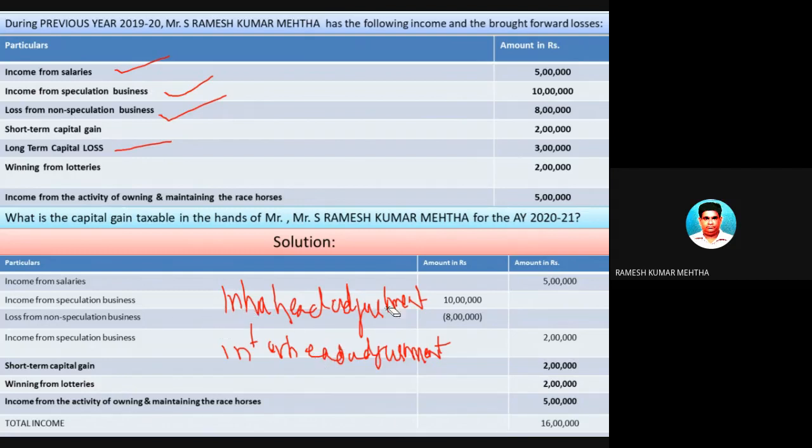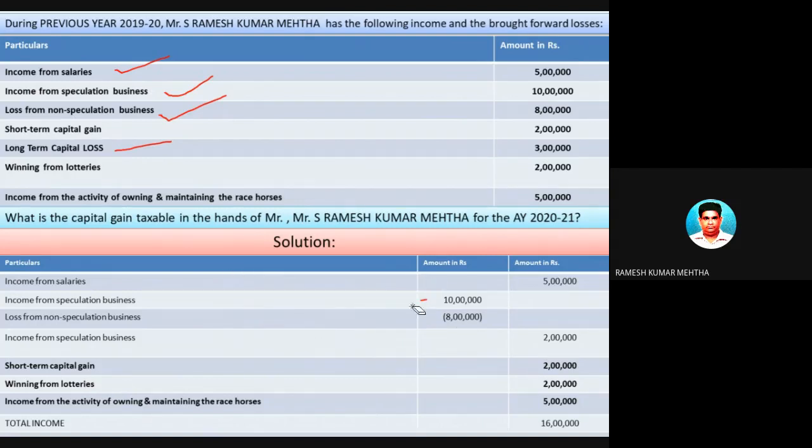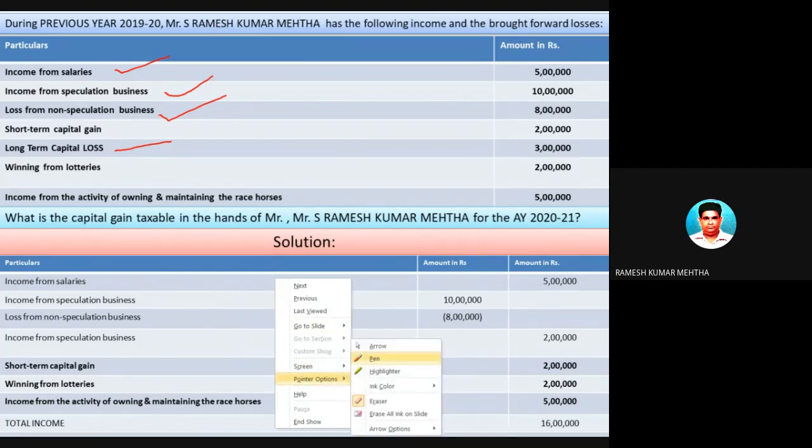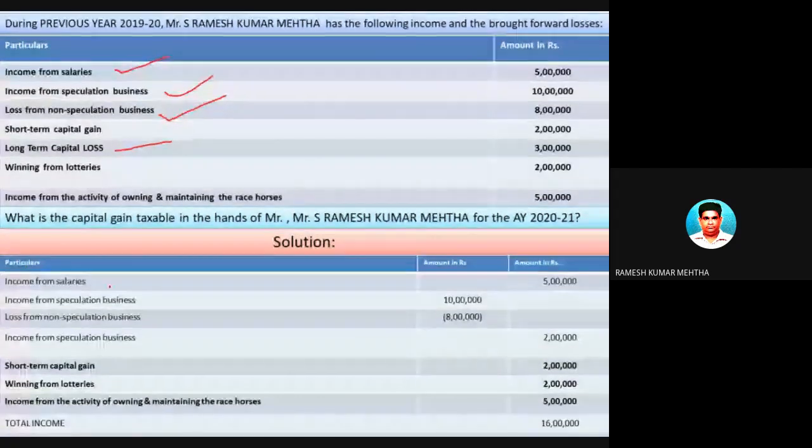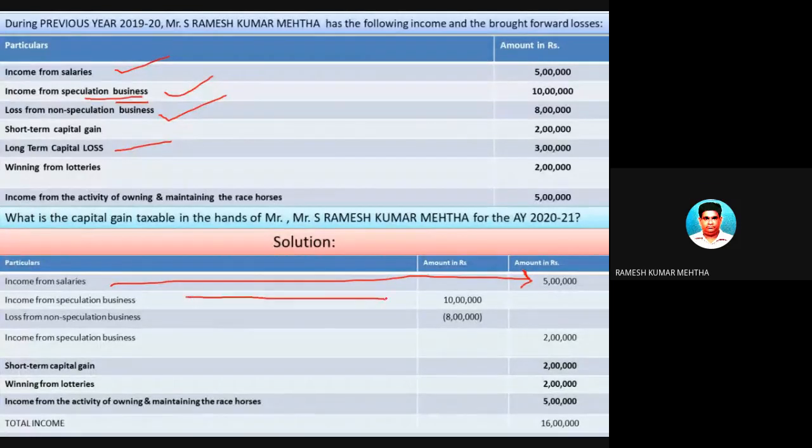So first step is intra-head adjustment, intra-head source of income adjustment. Income from salary is 5 lakh rupees. Income from speculation business is 10 lakh rupees. So he did some speculation business and he was fortunate enough to make a profit of 10 lakh rupees.